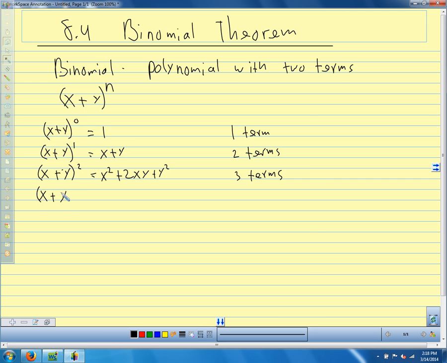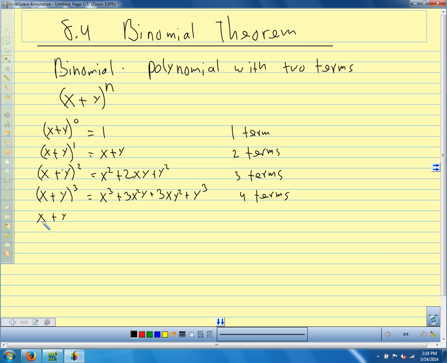And when we multiply that out, we get x cubed plus 3x squared y plus 3xy squared plus y to the third. And we get 4 terms.